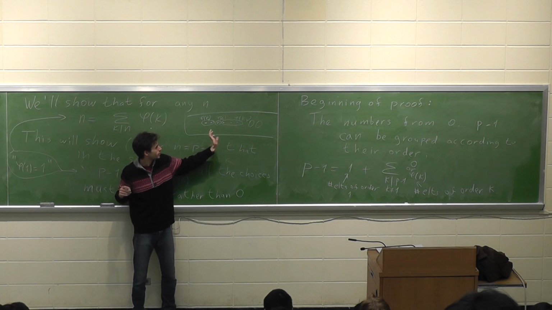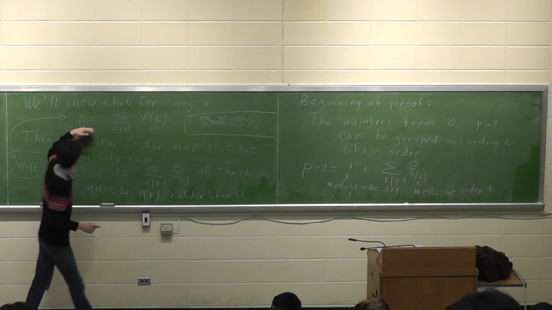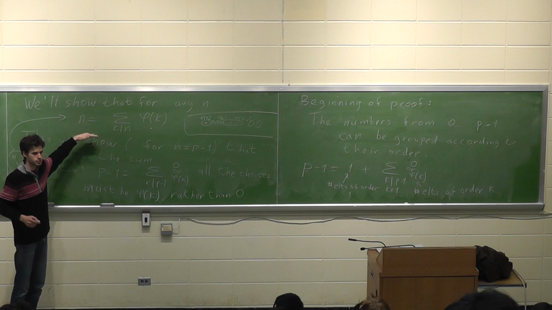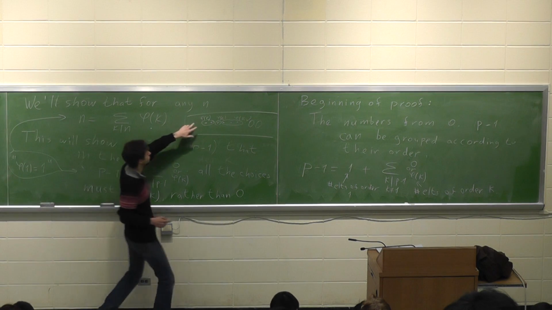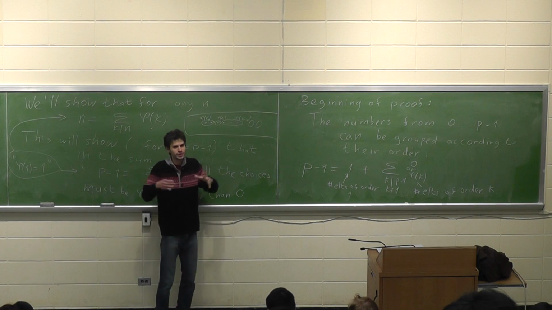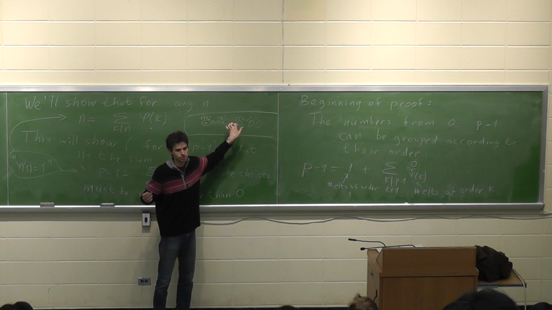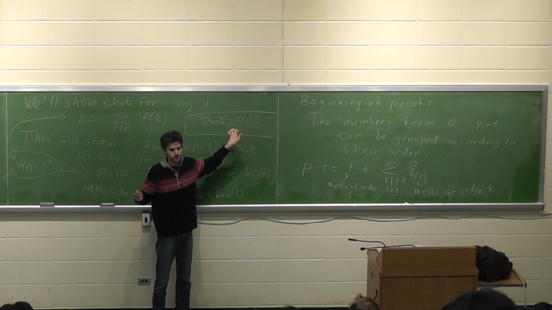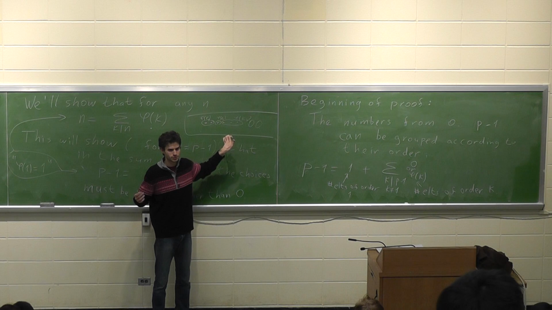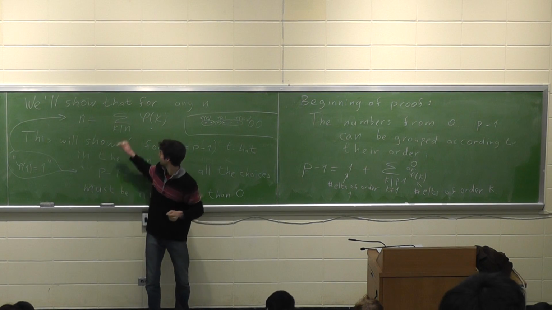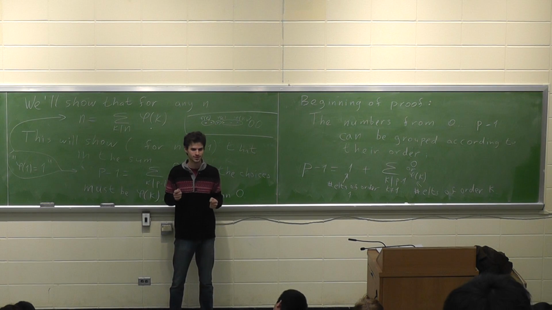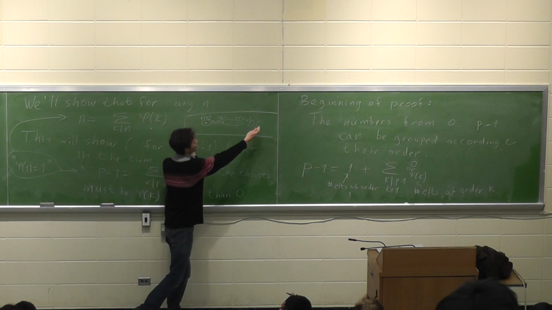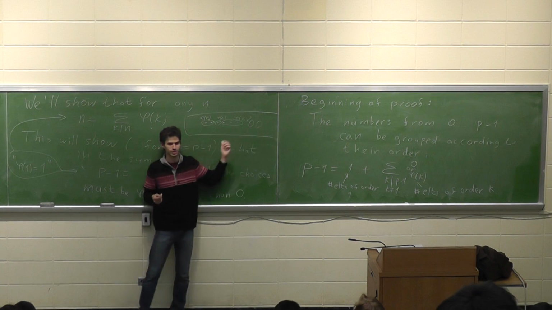Somehow these p minus 1 elements get divided into several groups. My claim is that this number p minus 1 is exactly equal to the sum of φ of the sizes of these groups. So each one of these groups must contain exactly φ(k) elements. If one of them is smaller, there will be some elements still not covered.